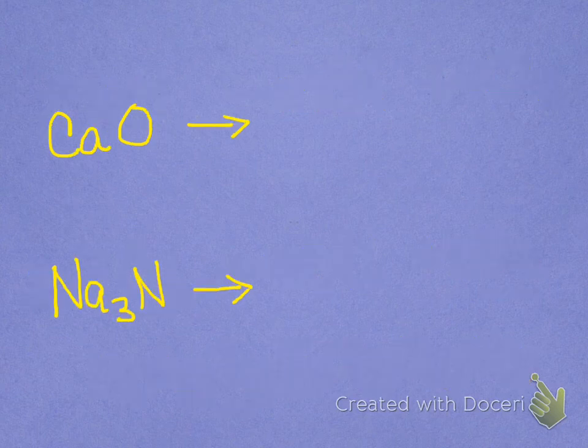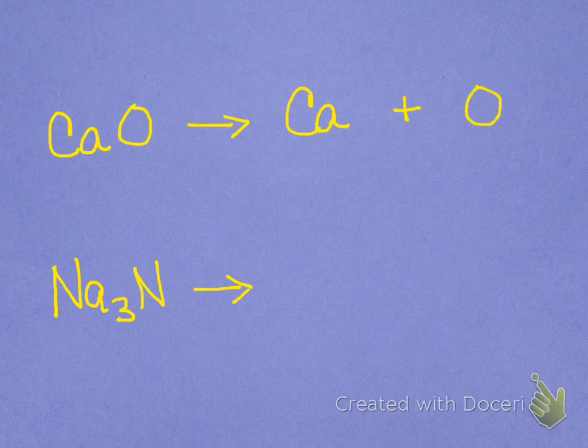2 more examples. Calcium oxide. We know that this is going to break apart to form calcium plus oxygen. Remember, oxygen is one of the Oberfinkel elements, so we've got to have a 2 here. And I guess we should say, if an element is not one of the Oberfinkel 7, like calcium and like those other elements in our reaction, we just have a single element.